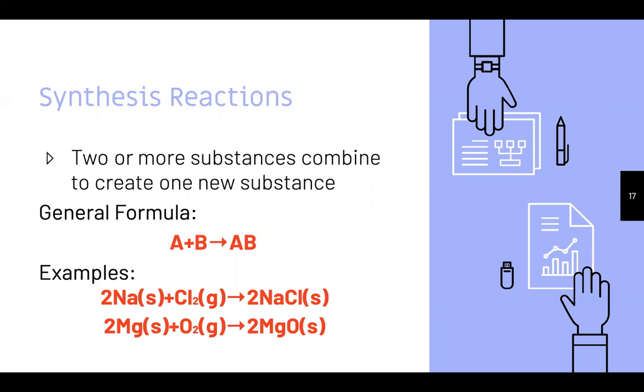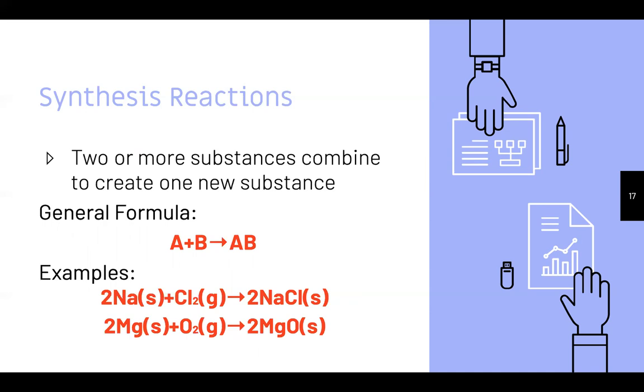We'll have an A plus a B yielding an AB, right? That they combine together. Think of synthesis, combination, the synthesis meaning creating something, forming something together, adding two things to make one, is what we do for synthesis reactions.